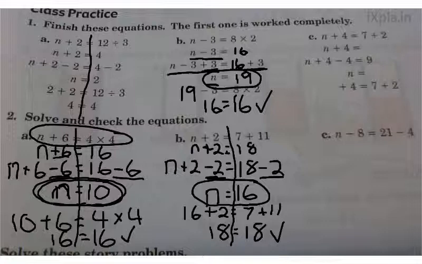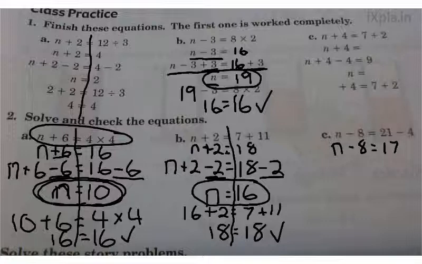Okay, so n minus 8, we don't know what n is yet, so we're just going to rewrite that below. n minus 8 equals 21 minus 4. We can do that. 21 minus 4 is 17. And now we do the next step. We need to get rid of our minus 8 so that we only have n equals. Well, what's the opposite of minus 8? Plus 8.